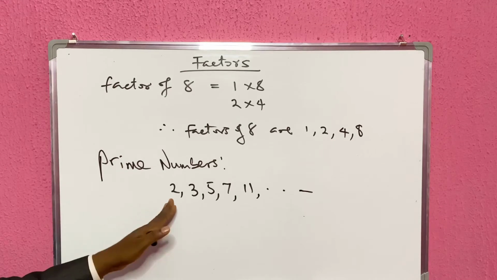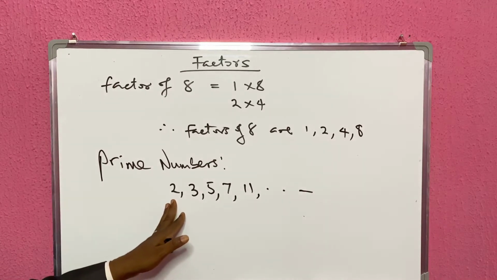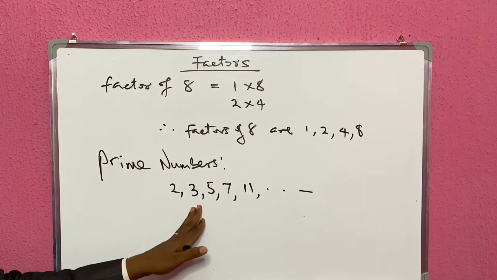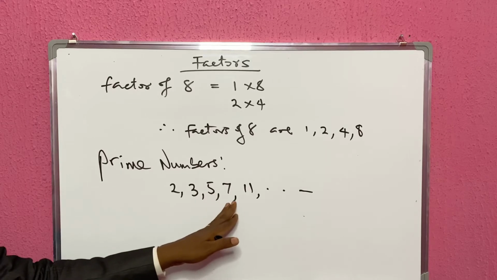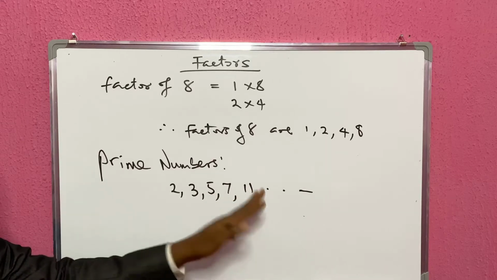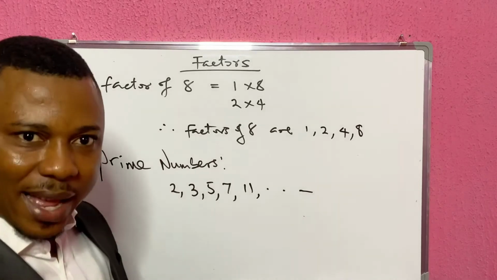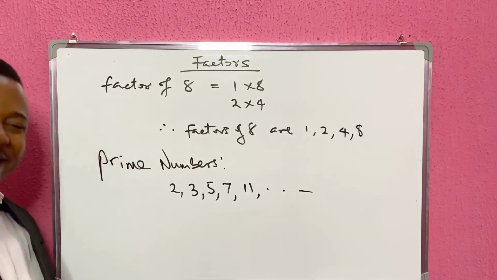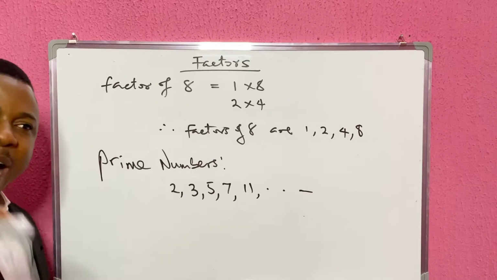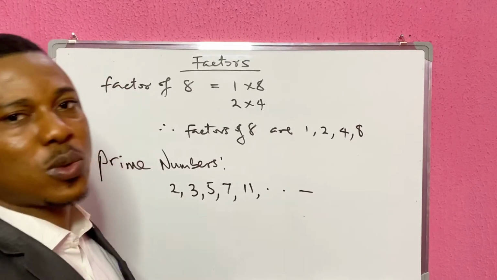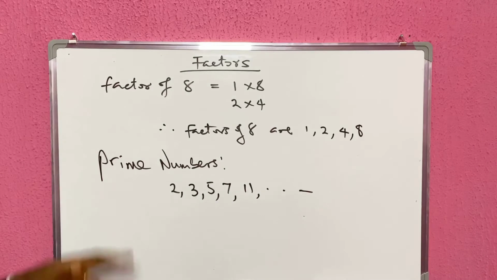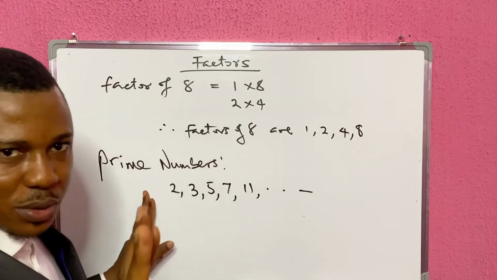So the first 5 prime numbers are 2, 3, 5, 7, and 11. So prime numbers are the numbers that have 1 and itself as the only available factors. 1 is not a prime number, take note.